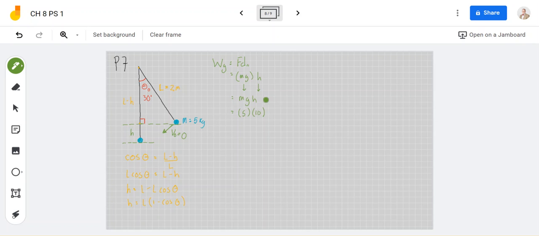And can we solve for h here? This is 2 times 1 minus the cosine of 30. I don't know where my calculator is.